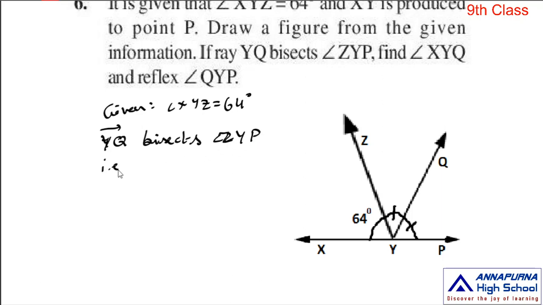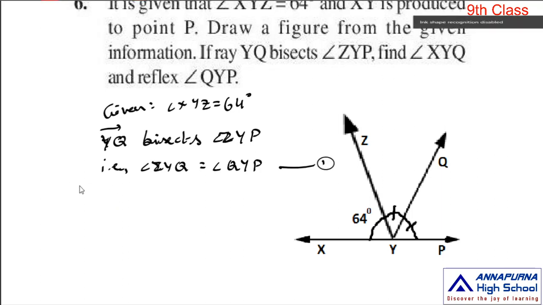See the figure, that is, angle ZYQ is equal to angle QYP. These two angles are equal. This is equation number 1.